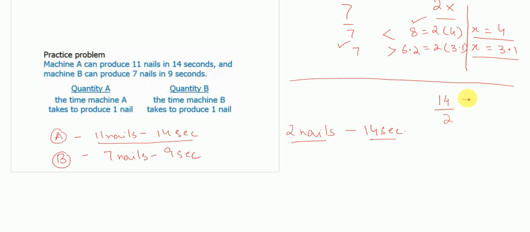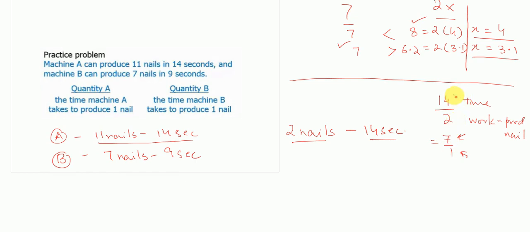This is your time and this is your work. When you simplify it, you get 7 divided by 1. So for each single nail, where work is producing the nail, to produce 1 nail, machine A takes 7 seconds.